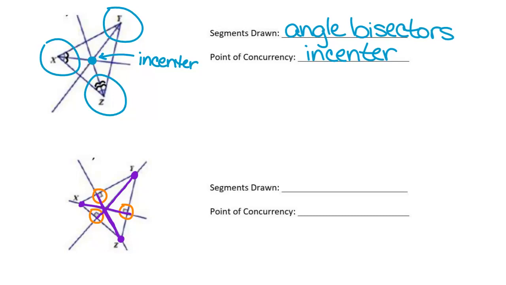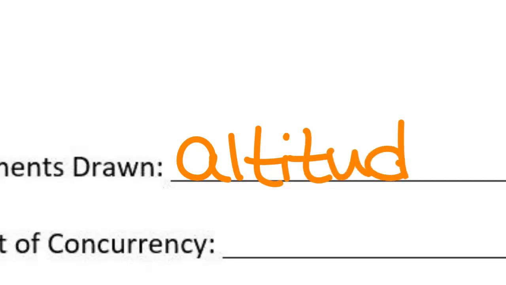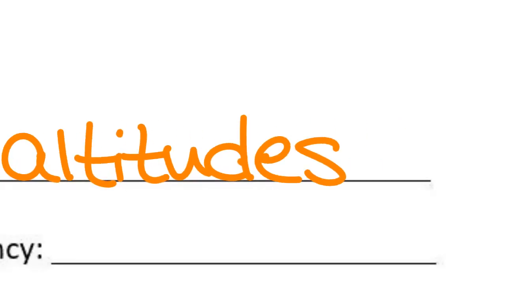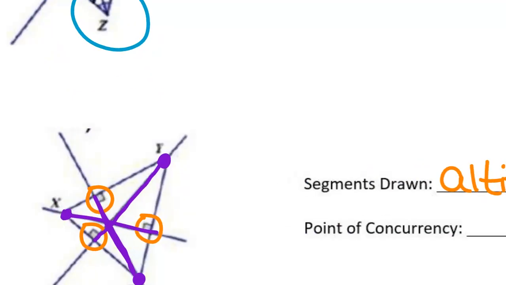If you go back and look at number 4, you should be able to use process of elimination to figure out what we're looking at here. Altitudes are the names of the segments. And what do we call where those intersect at? The orthocenter.